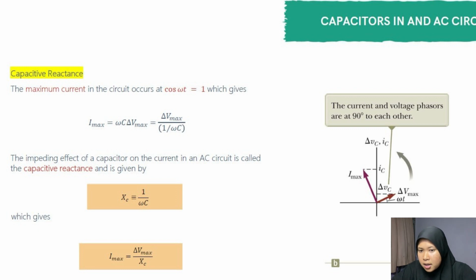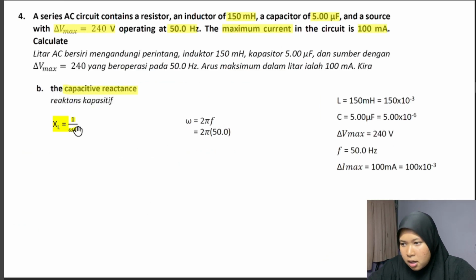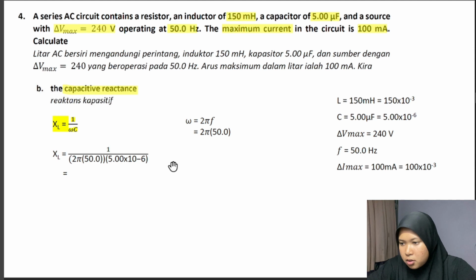The capacitive reactance is the impeding effect of a capacitor on the current in an AC circuit, and the given formula is XC equals 1 over omega C. We know omega is equal to 2 pi f, so we can substitute the given values into the formula: XC is equal to 1 over 2 pi multiplied by 50 and multiplied by 5 multiplied by 10 to the power of negative 6. We get the capacitive reactance, which is 636.6 ohm.